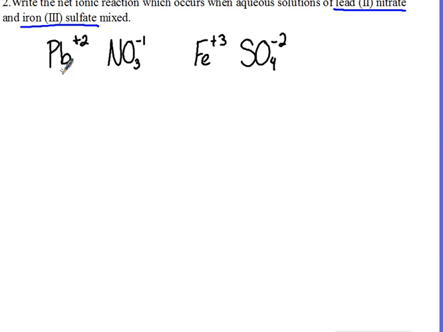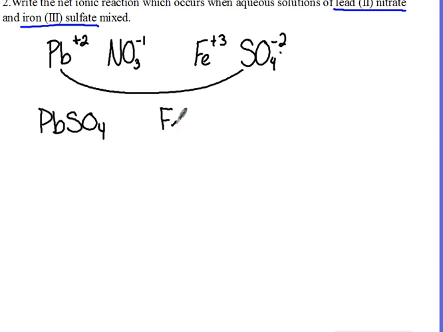To make my new products, I'm going to put my cation with my anion, so I get PbSO4, because the +2 and the -2 will balance each other out, and then I get Fe(NO3)3. All nitrates are soluble, so this is aqueous, but sulfate is insoluble when it's mixed with lead, so this is my solid.